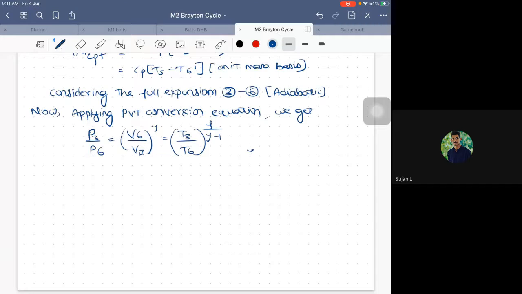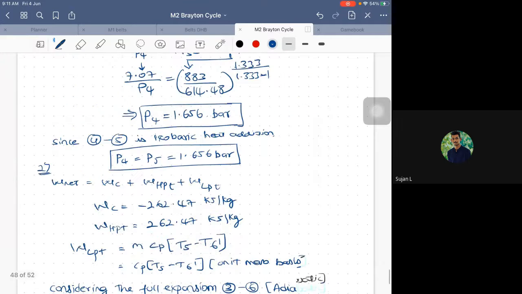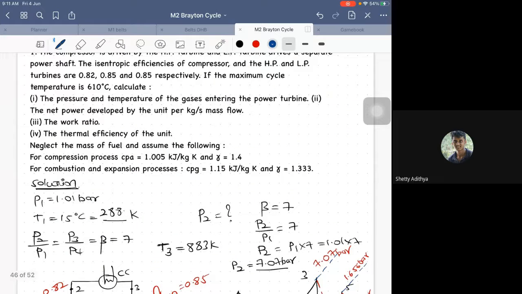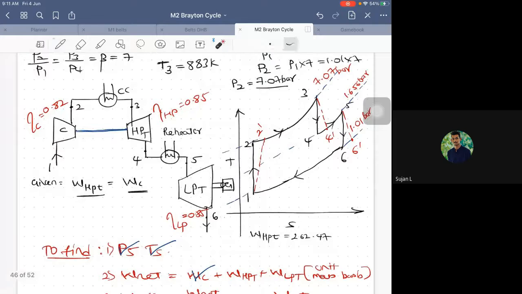And what is the gamma value for the expansion process? 1.333. And the P3 value is 7.07 bar, and P6 value is 1.01 bar.